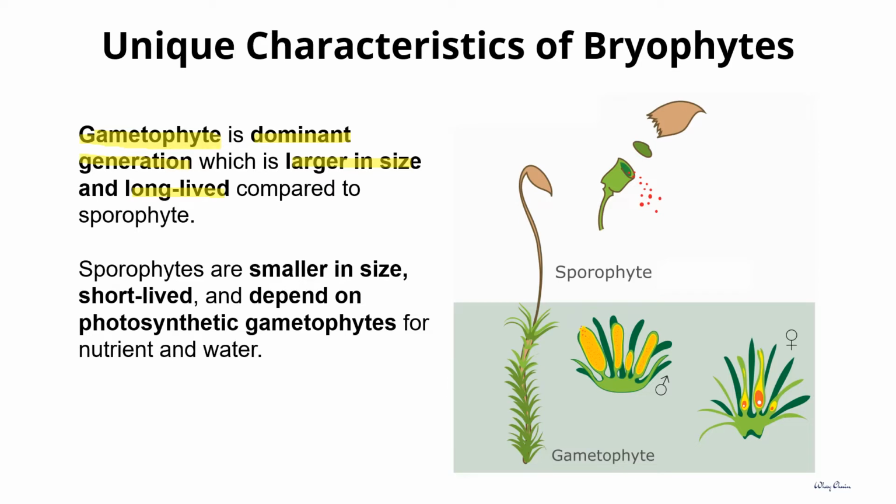And one more thing is, gametophytes are leafy structures. They have the photosynthetic pigment that enables photosynthesis. So they will produce their own food and support the sporophyte. This is why we say the diploid stage sporophytes are dependent on the gametophyte.